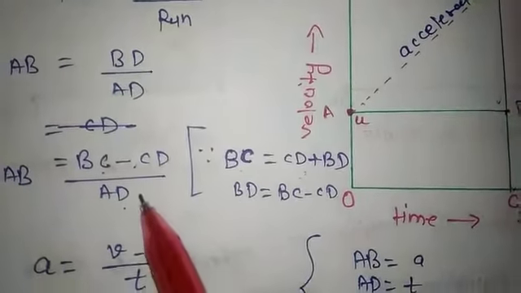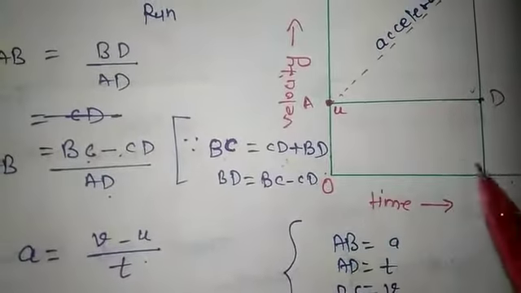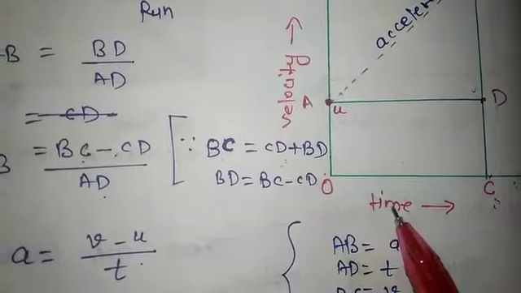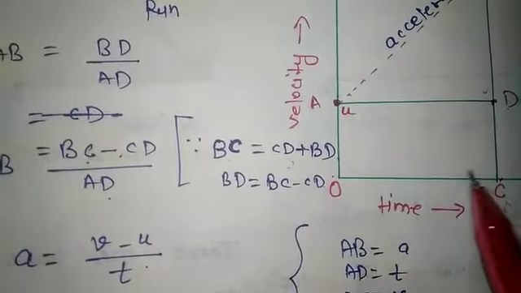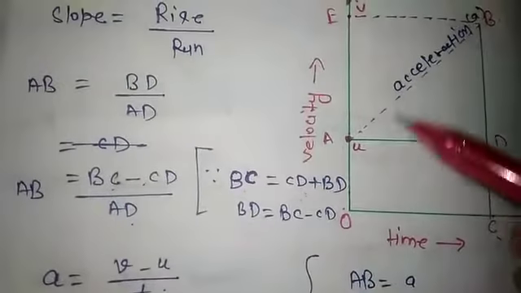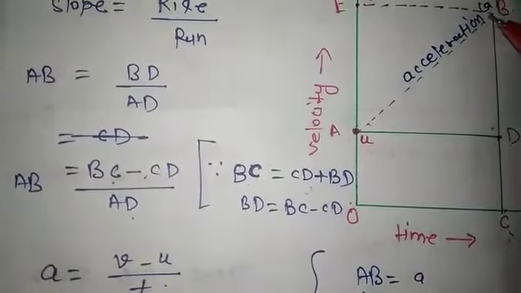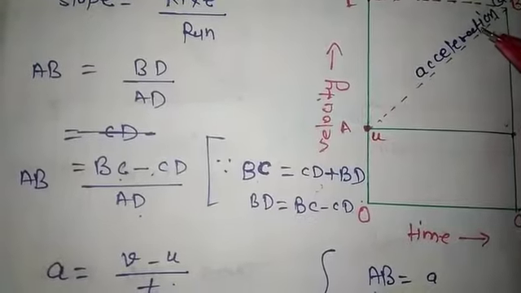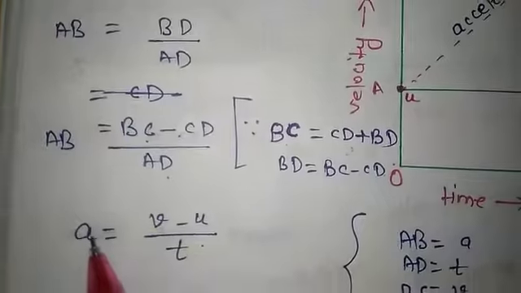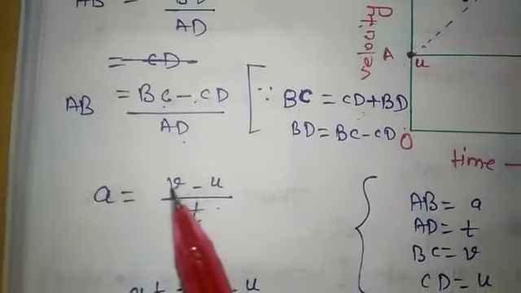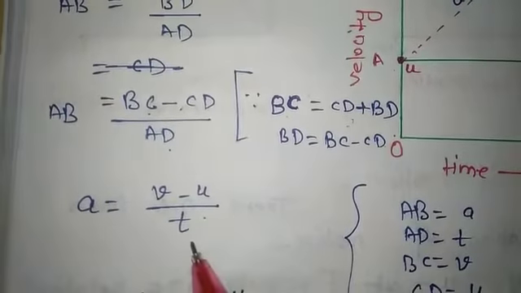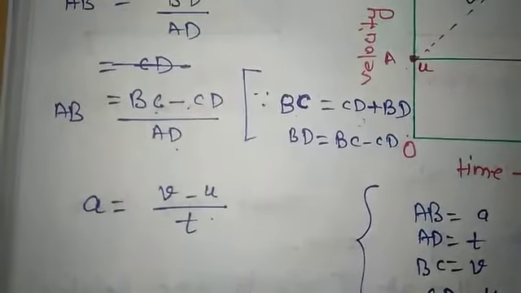AD: this axis represents the time taken by the object, so AD is replaced by t. And slope AB represents the acceleration of the object, so AB is replaced by a. So a is equal to the final velocity minus the initial velocity, by the time taken t.